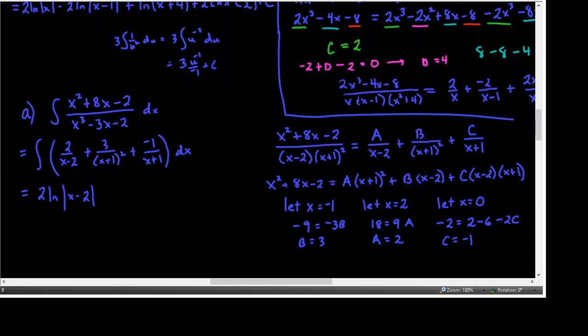So please keep that in mind. That's why this will be minus 3 over x plus 1 to the first. And this will be minus ln of the absolute value of x plus 1 plus c.